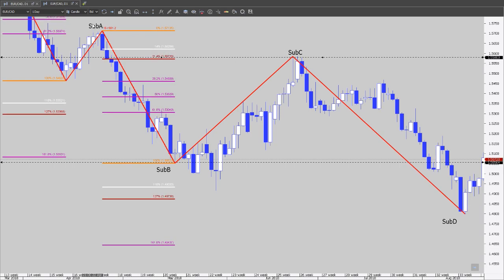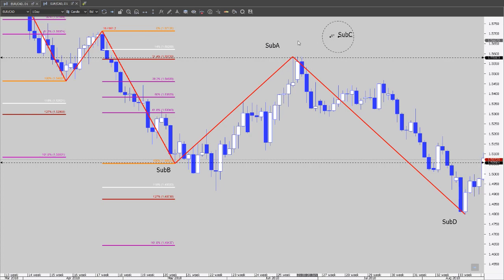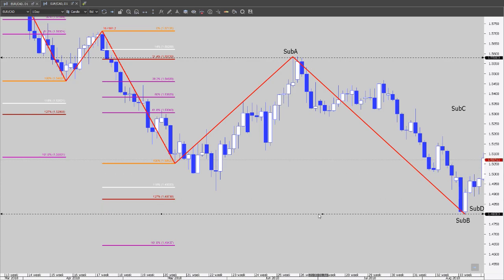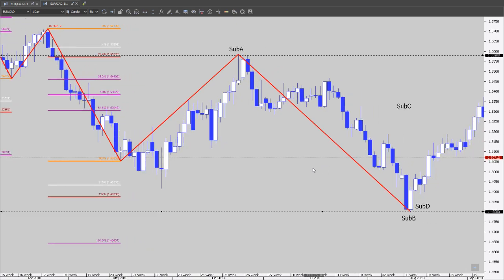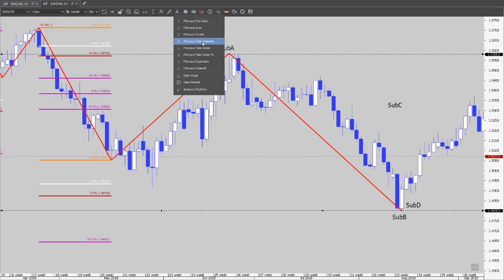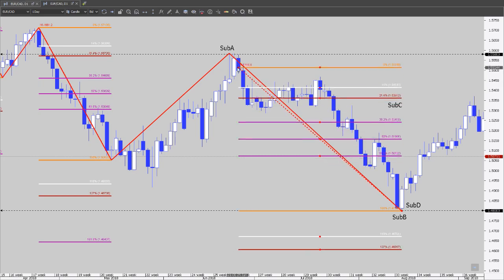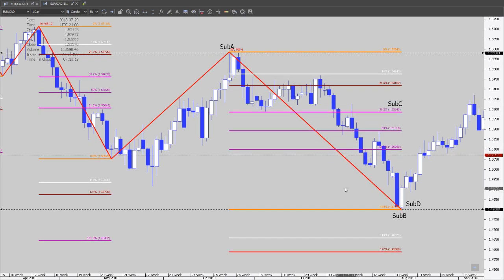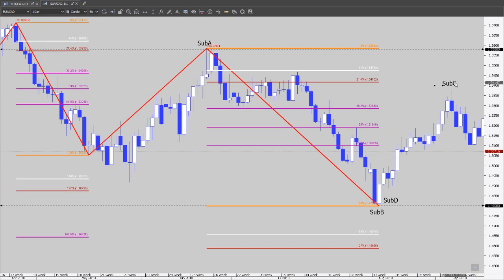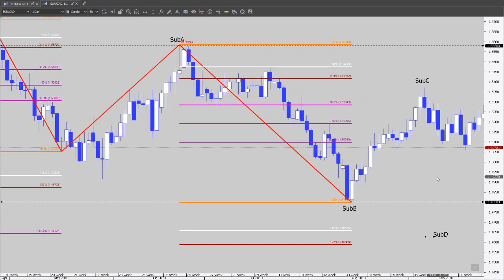So sub A goes to sub C, and sub B goes to the sub D. So this is the new line, and we are here right now. This is the new down Fibonacci, sub A, sub B. So sub C is going to be somewhere in here, and the sub D is going to be somewhere in here.